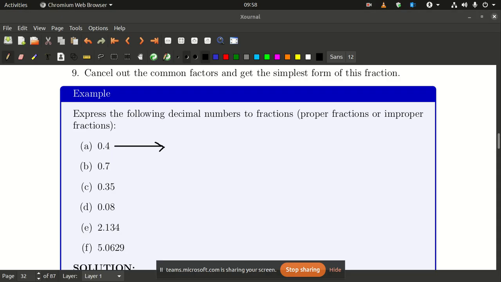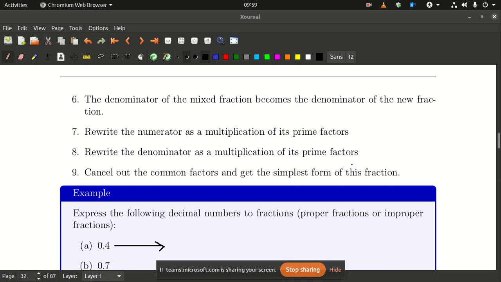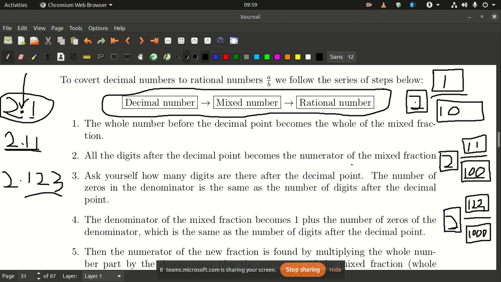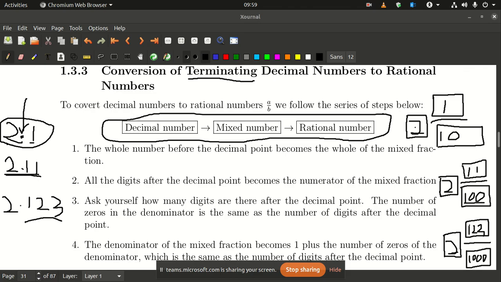Anyone want to try? Remember what I said here. The first thing you have to do is to realize the first number here is the whole part. So the whole part goes to the whole number part of the mixed number. And then the number after the decimal point, all of it, goes to the numerator.